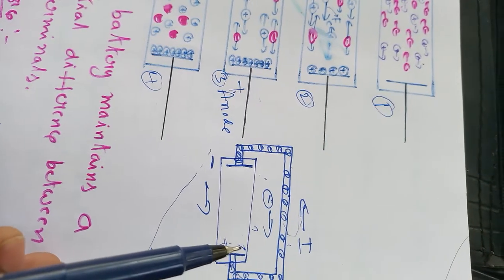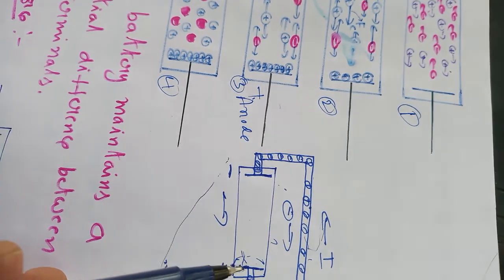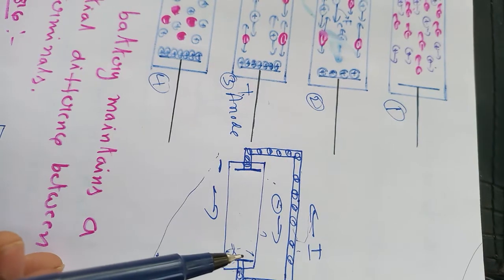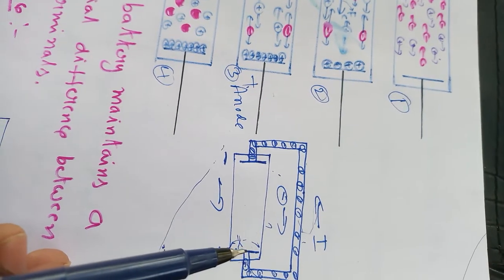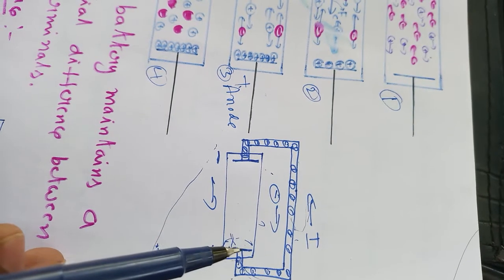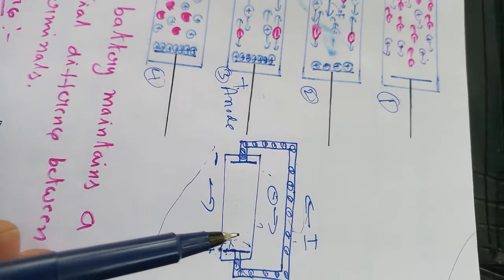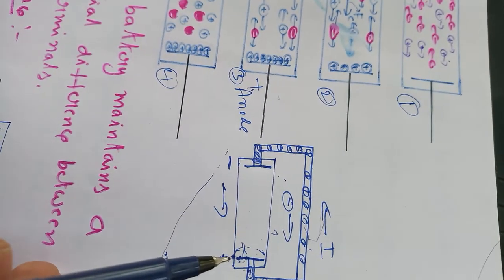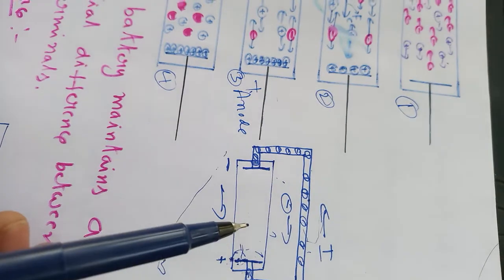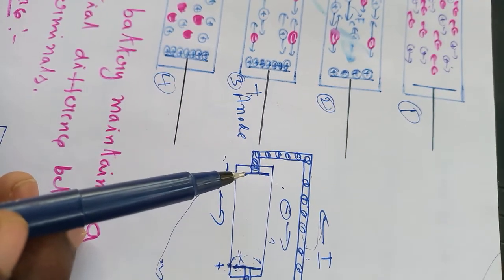So when the electric force decreases, then the chemical force pulls the electron from the positive terminal and moves it to accumulate on the negative terminal.